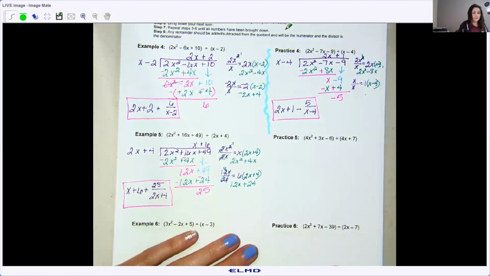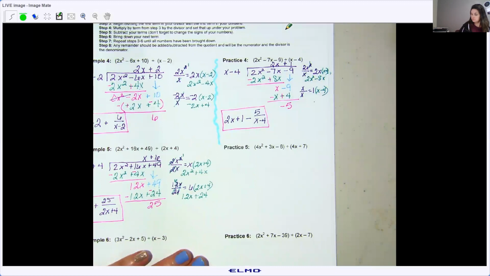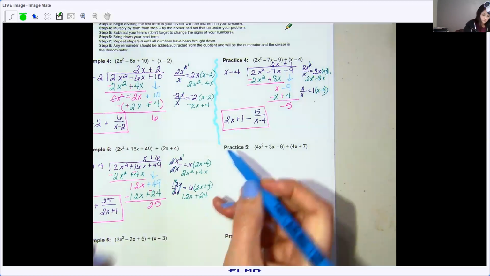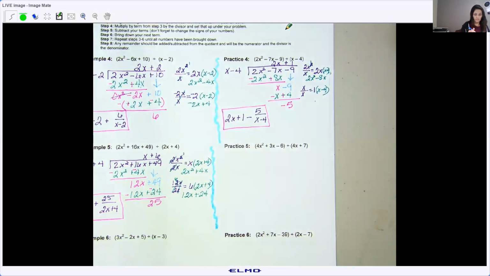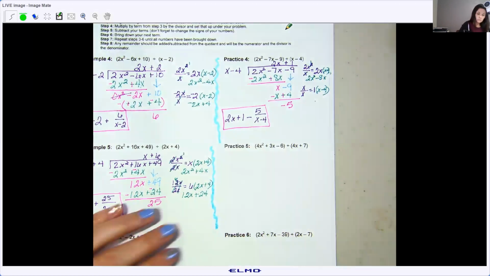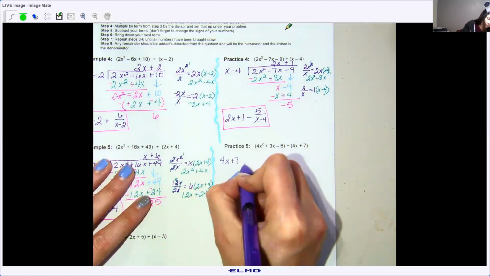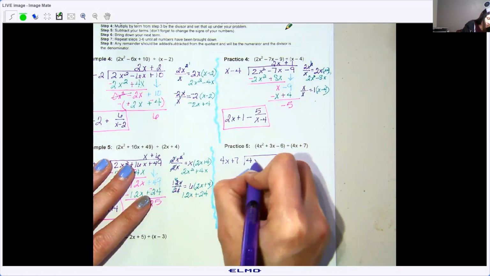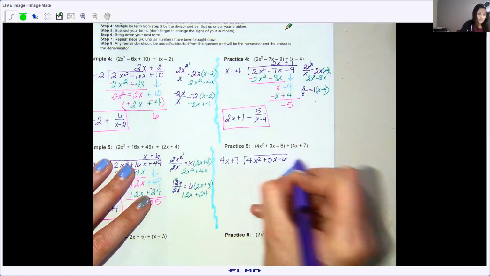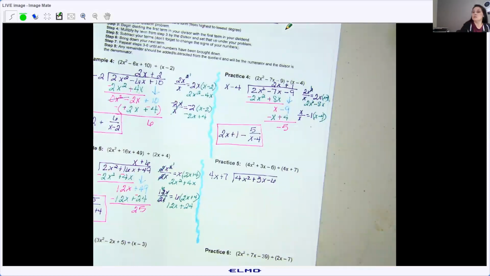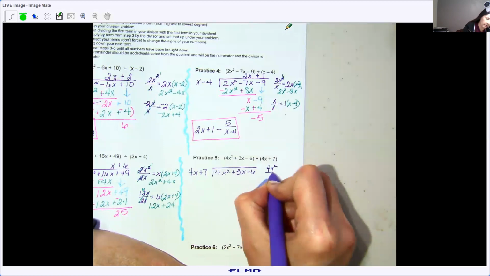Okay, all right, let's do practice 5. I'm going to set up my problem. And I'm going to divide. So here I'm going to divide 4x squared divided by 4x.